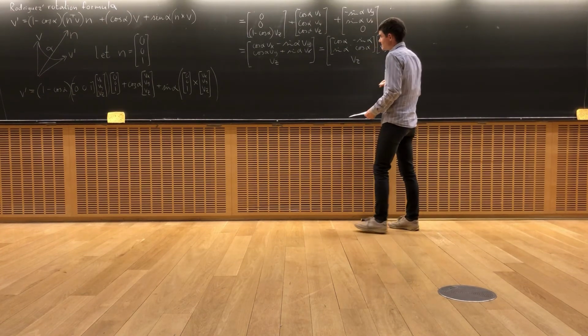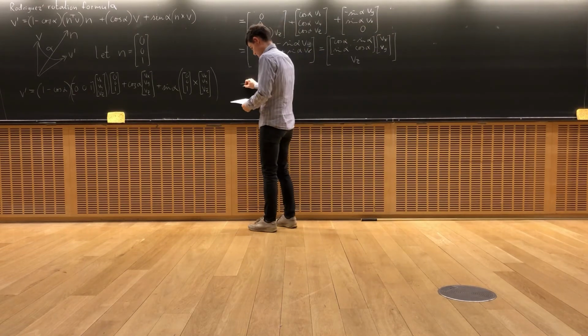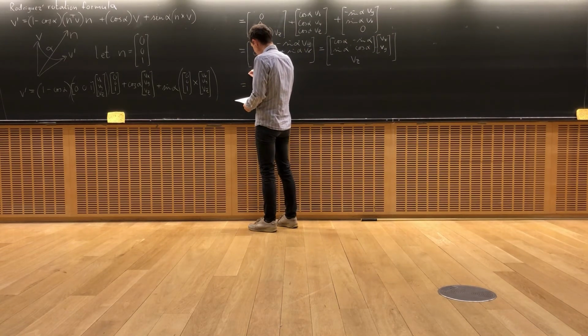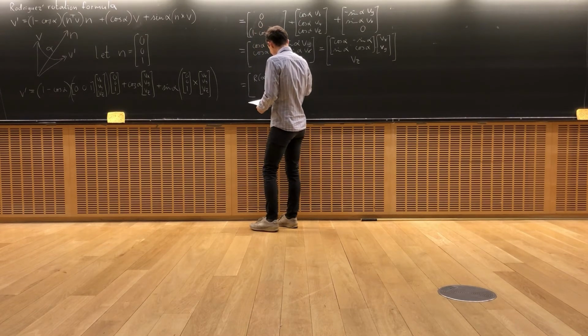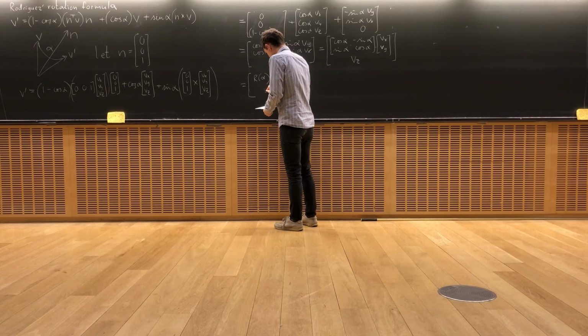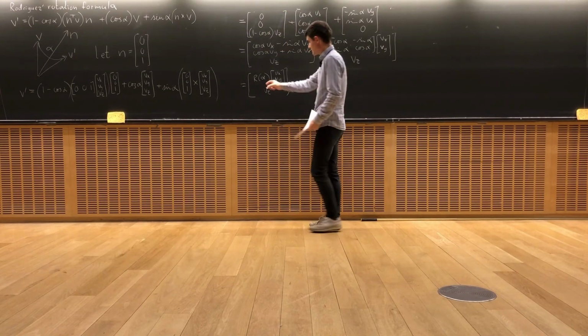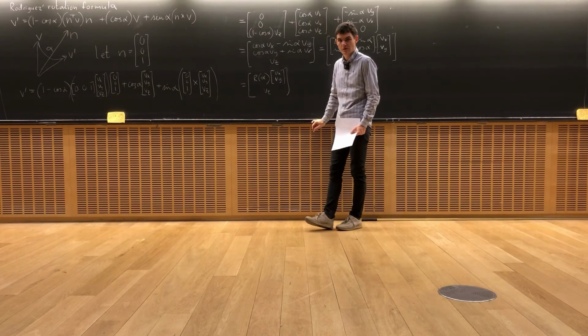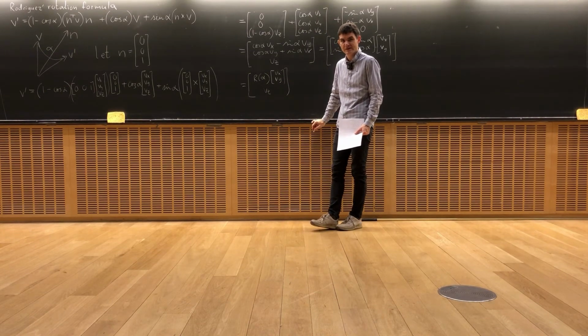So what remains then is just to introduce a bit more notation, just for the sake of it. So let me call this matrix R alpha. This is my general notation for a 2-dimensional rotation matrix.